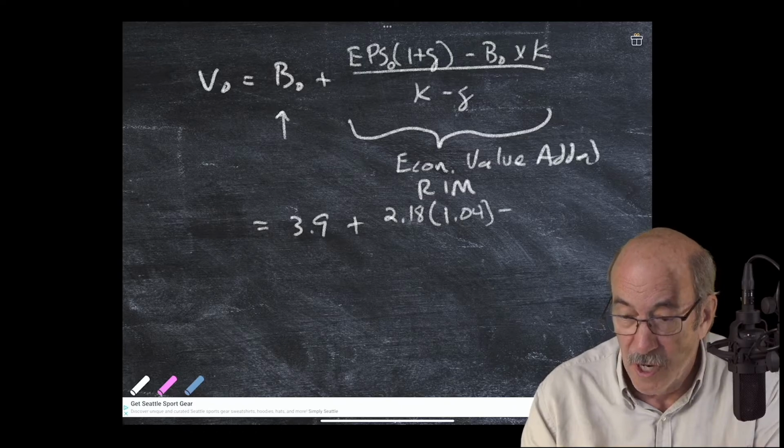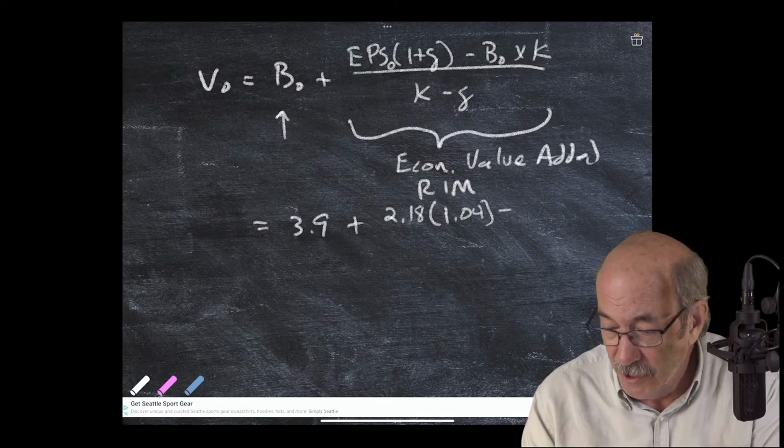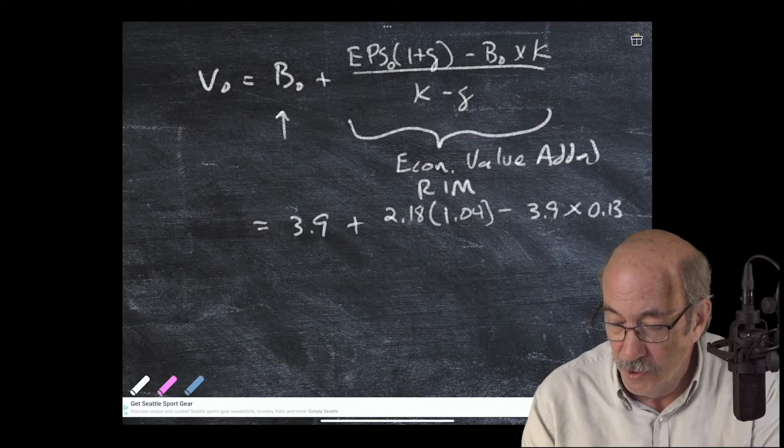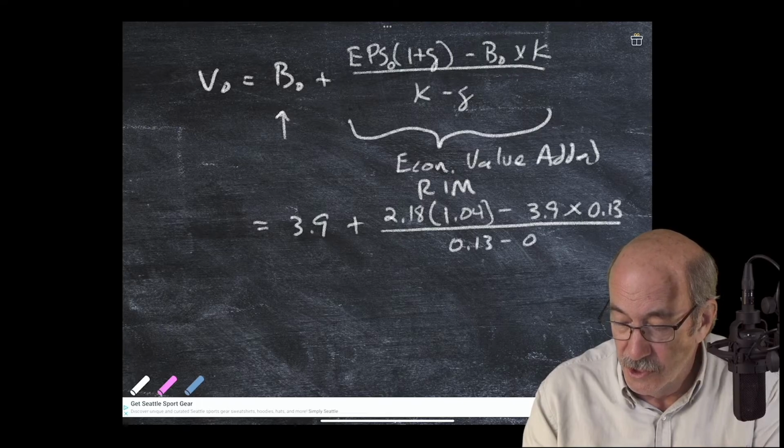We're going to subtract from that what we should be getting given the risk level, which would be 3.90 times 0.13, our K, and then divide that by K minus G.